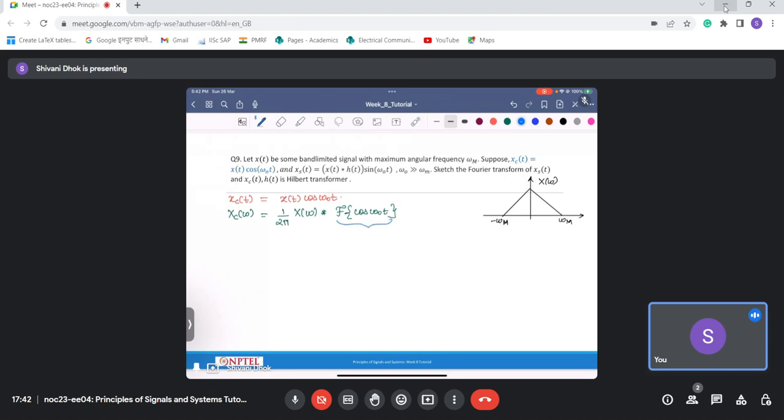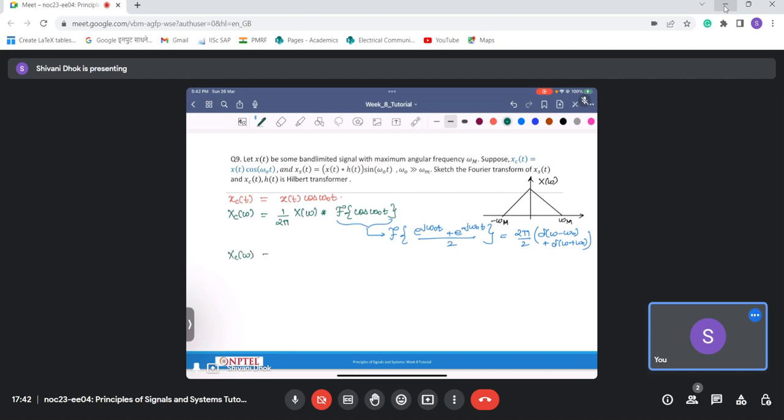This is basically the Fourier transform of (e to the power j omega naught t plus e to the power minus j omega naught t) by 2. And the Fourier transform of any complex exponential is 2 pi delta shifted to that frequency. So this is equal to 2 pi by 2, inside the bracket, delta(omega minus omega naught) plus delta(omega plus omega naught).